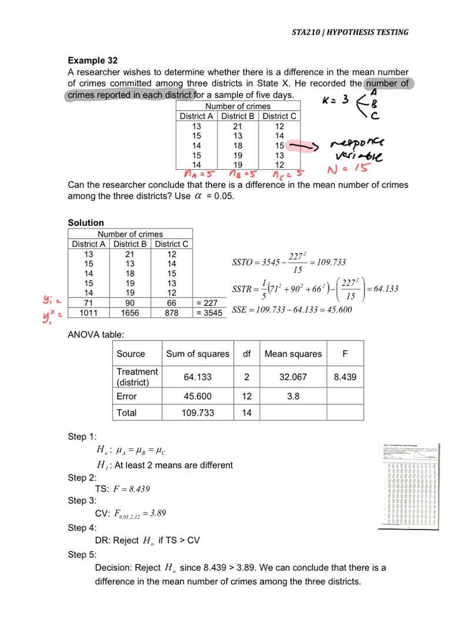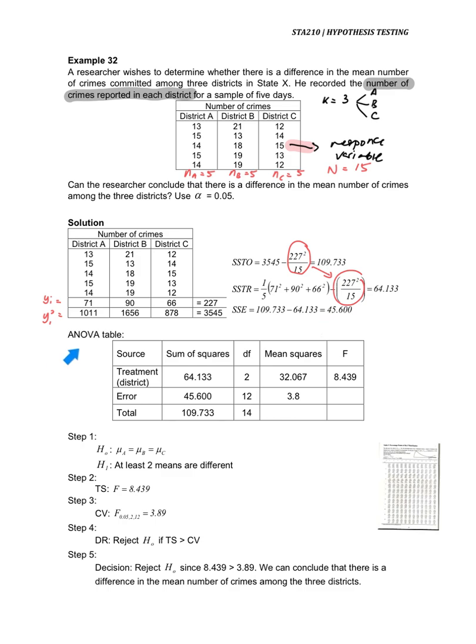You can see the value is the same as the one above, 227 square over 15, capital N. So we get 64.133. Now we can calculate the value for SSE, whereby the formula is SSTO minus SSTR. Finally, we get 45.6.